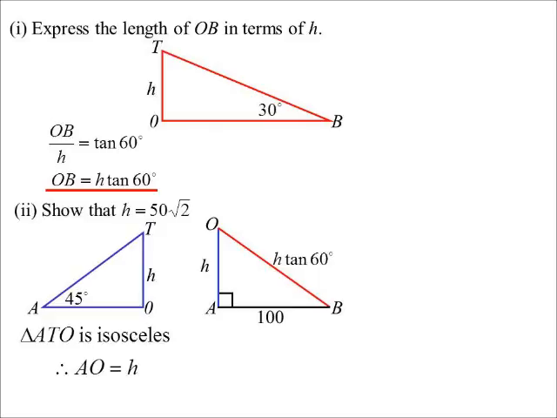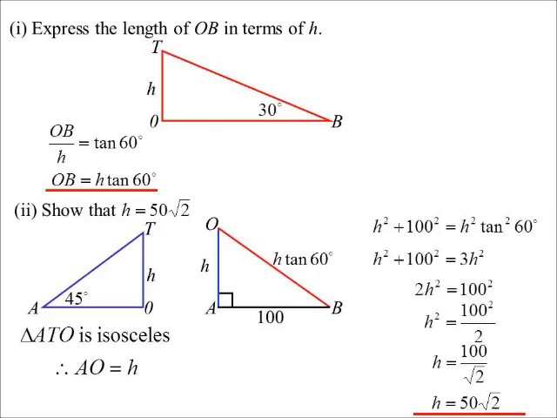We just worked out in the first part that OB was H tan 60. We want to find H, which is OA. Pythagoras. Make H the subject eventually. 2H squared is 100 squared. H squared, 100 squared on 2. 100 on root 2 for H, which does simplify down to be 50 root 2.